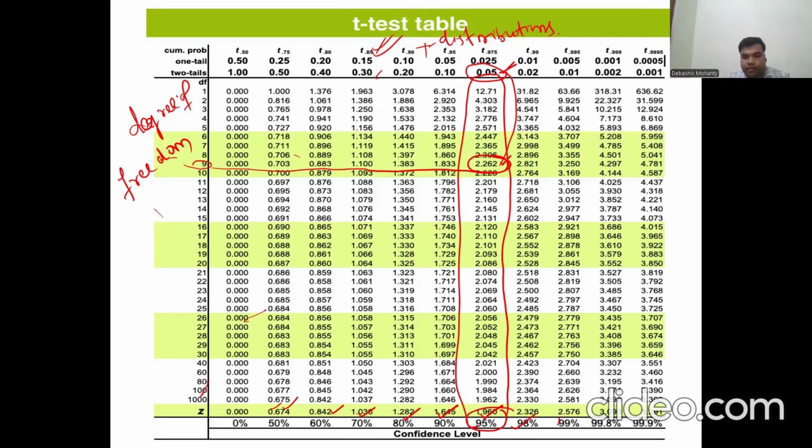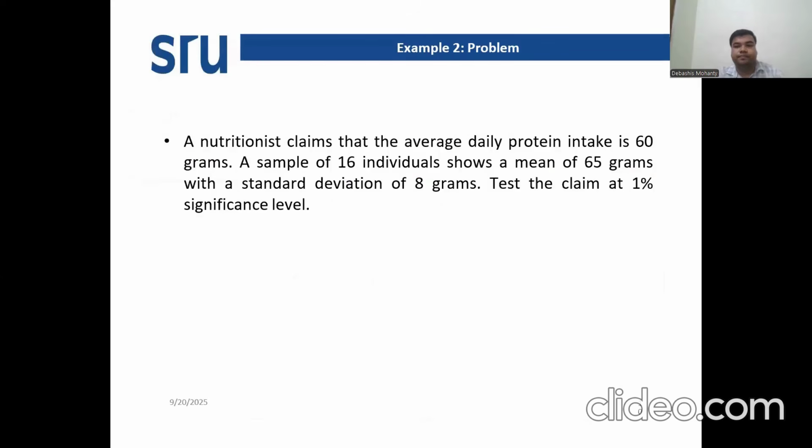And then 98%, 99%, 99.8%, and 99.9%. So students, my main motive is to show you how we can calculate this critical value using the t table. This is the basic thing by which we can use the t-test table.